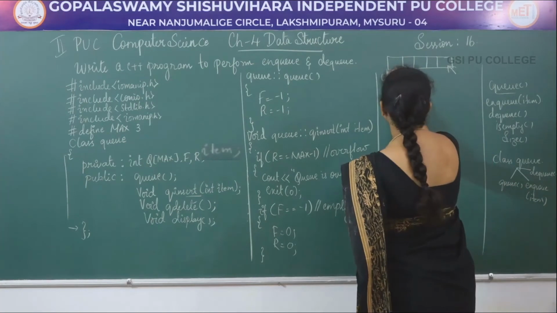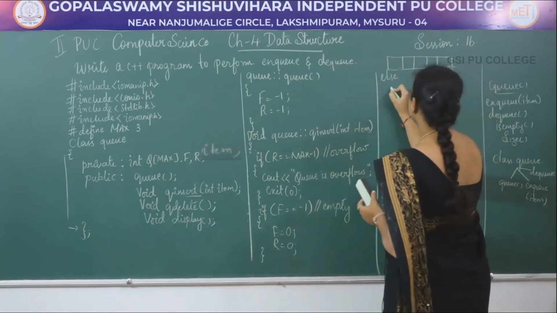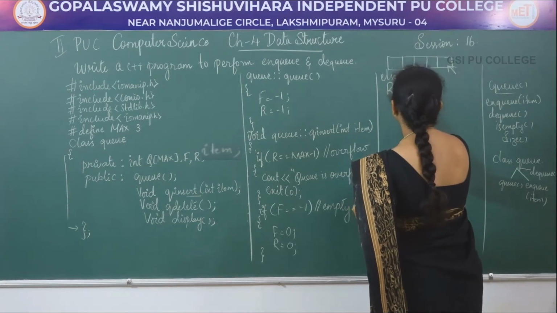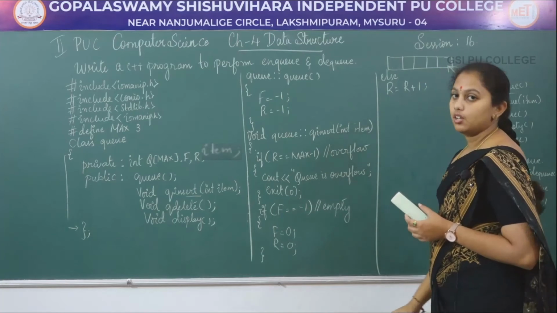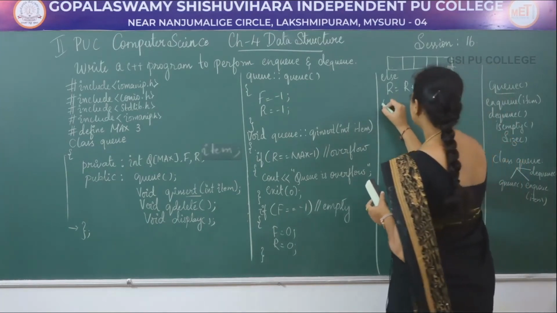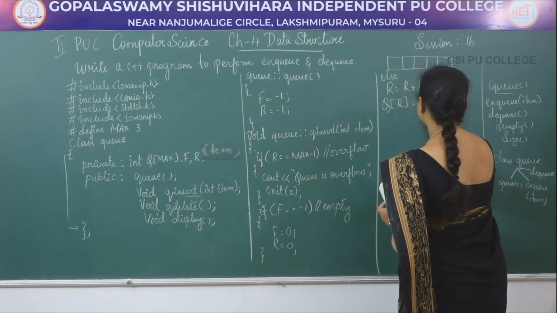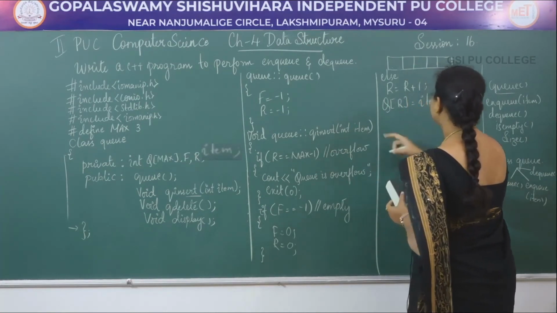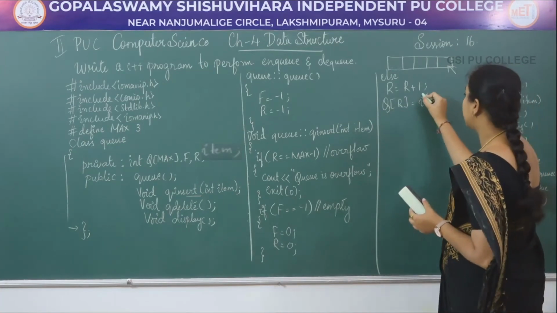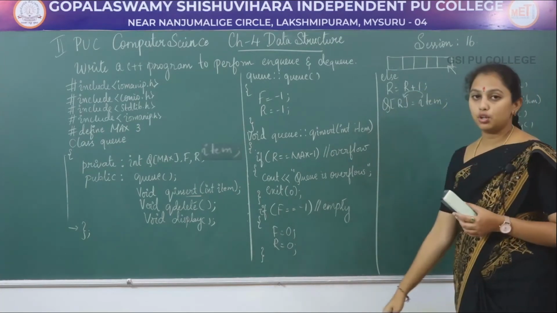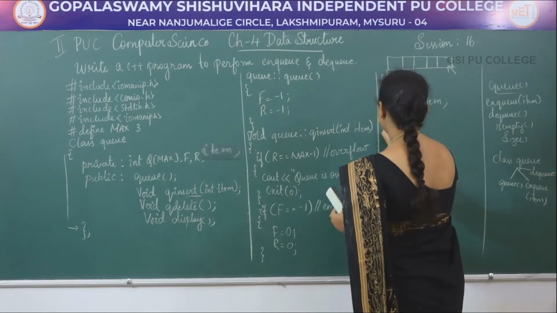If this condition is false, we have to increment the rear pointer: rear is equal to rear plus 1. Then we insert the item at the rear end of the queue, that is, queue of rear is equal to item. So close this function.